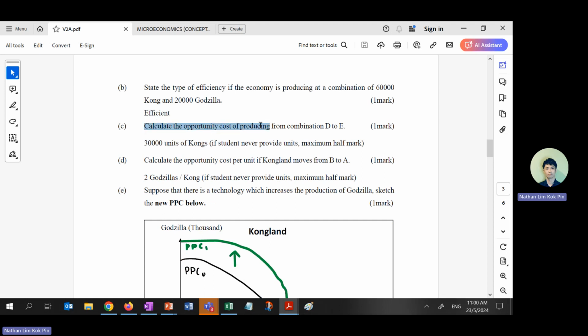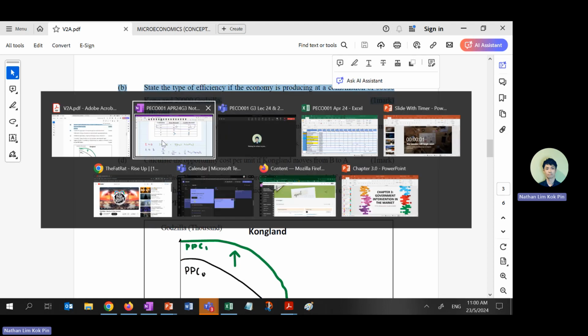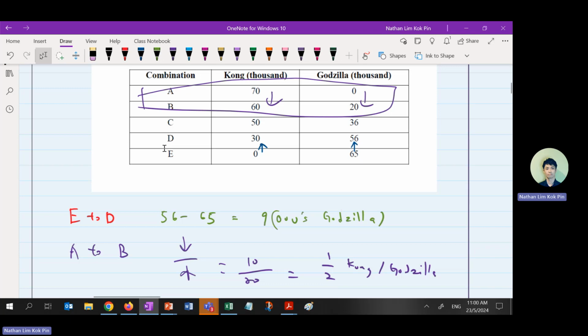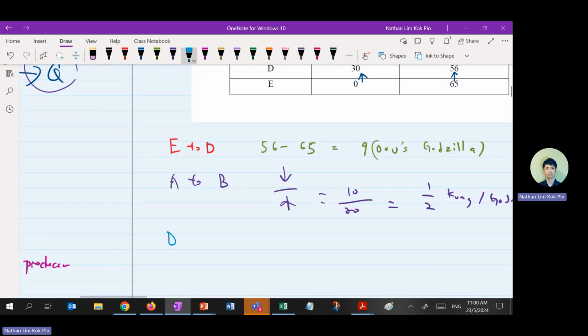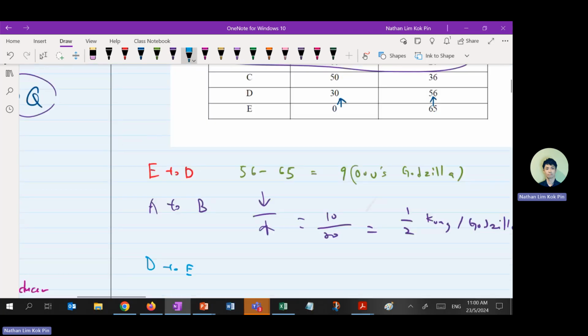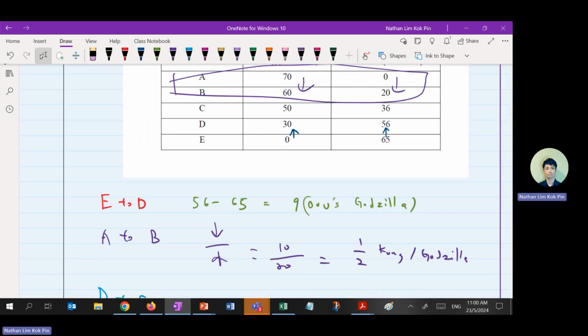Third one is D to E. D to E now is opposite. I use another color. If I want to calculate D to E, which one is increase, which one decrease now? This one decreases, right?